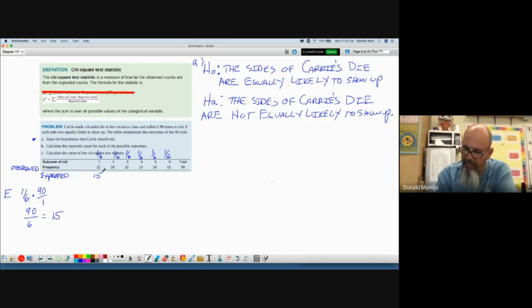So I expected 15 times each number would appear if the die were equally likely. If the null hypothesis is true, what do I expect to happen? That's how we find our expected values based off of the null hypothesis. We expect there to be 15 of each. Calculate the expected count for each possible outcome. So this here would be our answer for B.